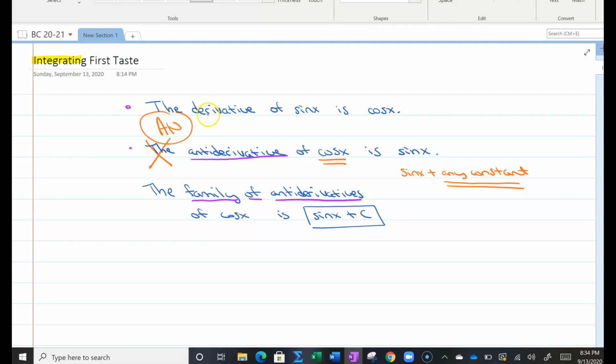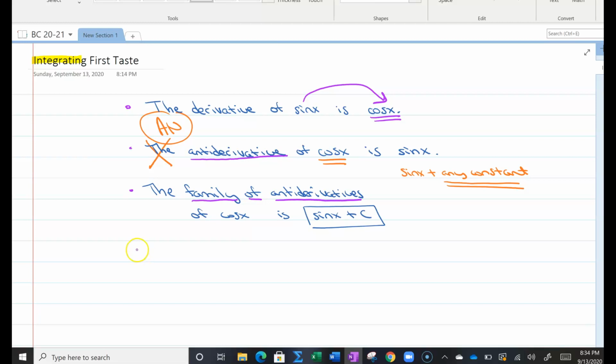Last year, when we talked about differentiating, the derivative of sine x is cos x, and there's no adding of c here. So differentiating has an output that is singular, one. Anti-differentiating has an outcome that is infinite. It is a family of antiderivatives. We have to account for that infinite possibility because there are infinite different constants.